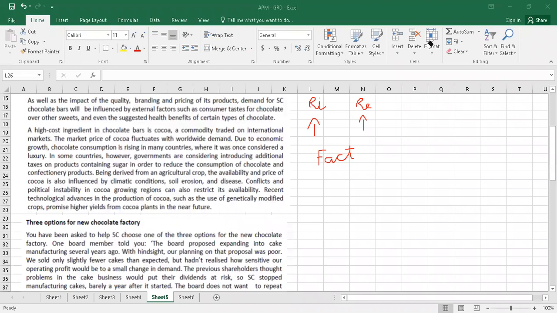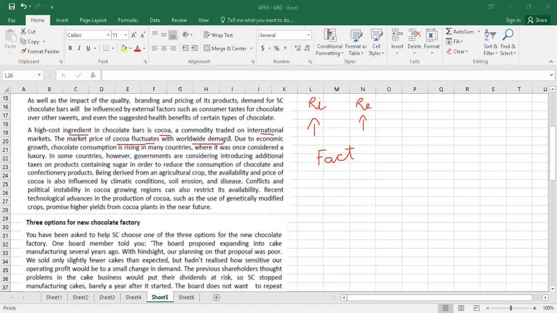So one factor we understand here is that the main ingredient used in manufacturing chocolate bars is cocoa, a commodity traded on the international market, so the price keeps fluctuating. That's one important aspect we have to look into. As the raw material prices vary, the price of the finished goods also will vary. So that's one important thing.